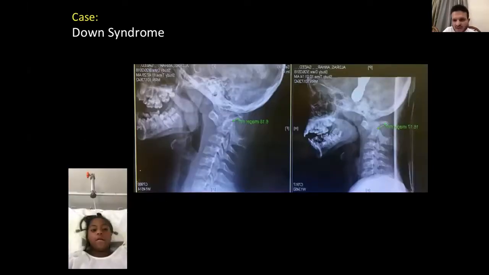The first thing I do with these cases is traction, and surprisingly, even though she's a child and even though it's a Down syndrome, they tolerate traction fairly well. And in bed, while she was in traction, she was able to move her hands much better and lift her arms above the bed level, and that really pleased the family and pleased us as well.